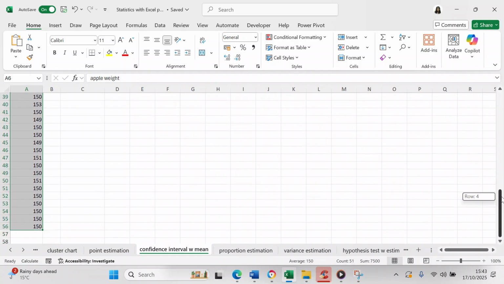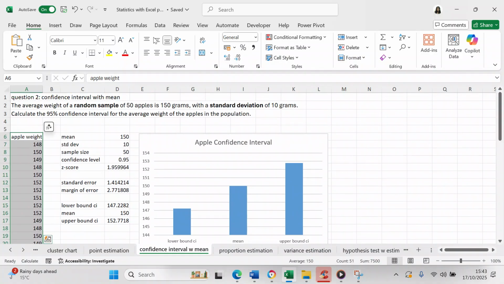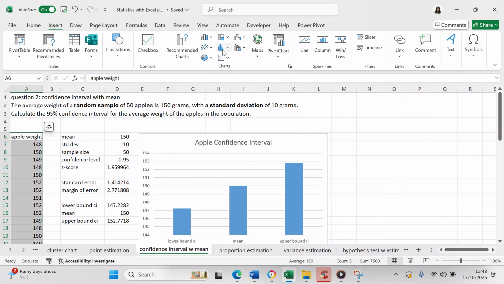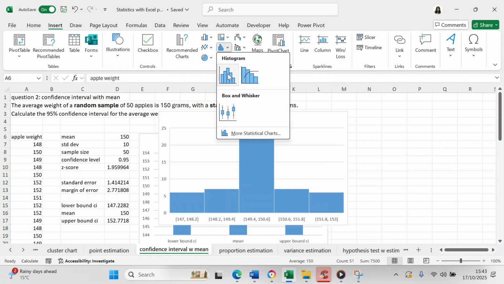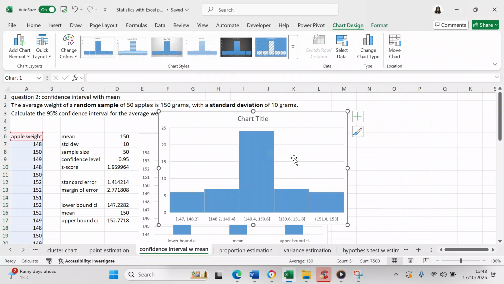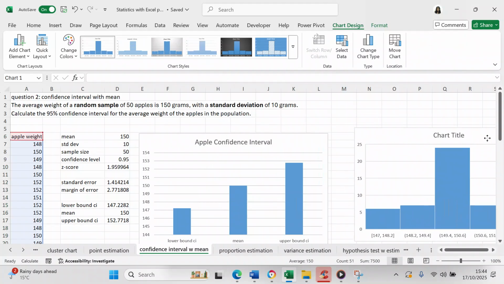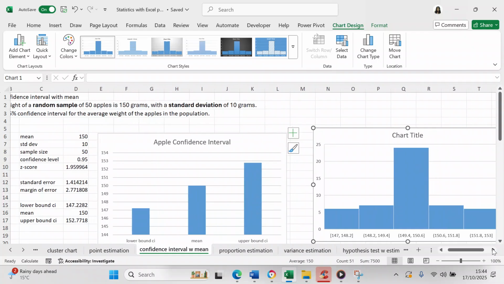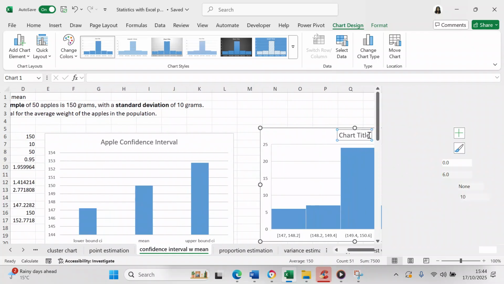So come over here to Insert. Here's our new histogram. We're going to call this Apple Weight.